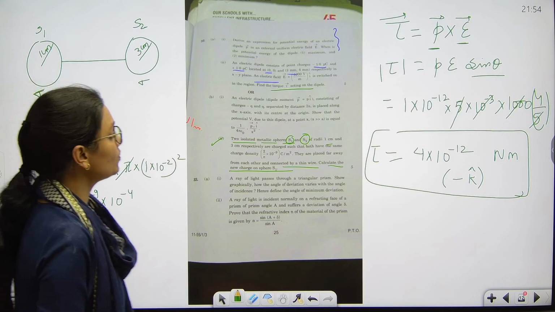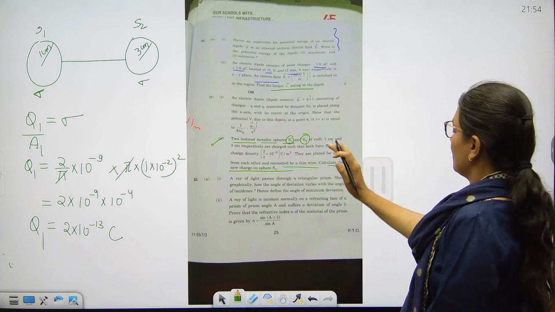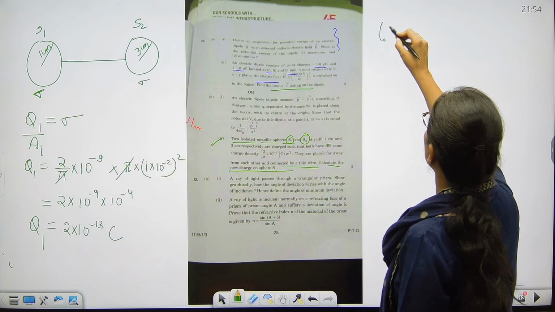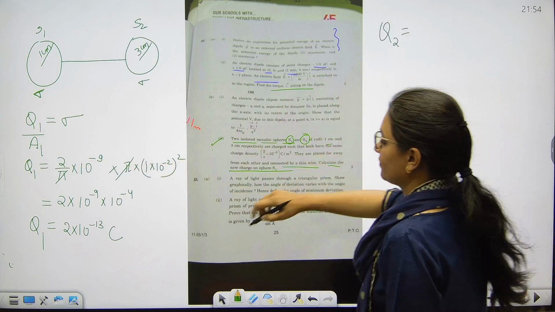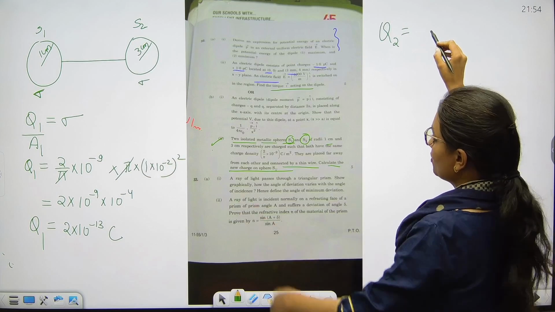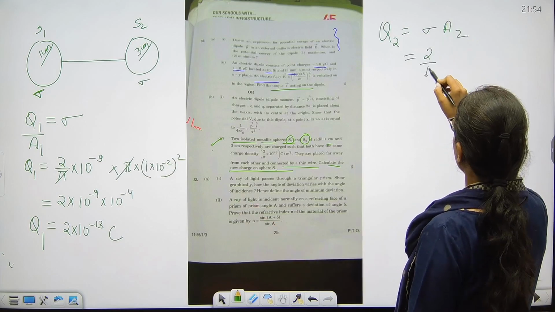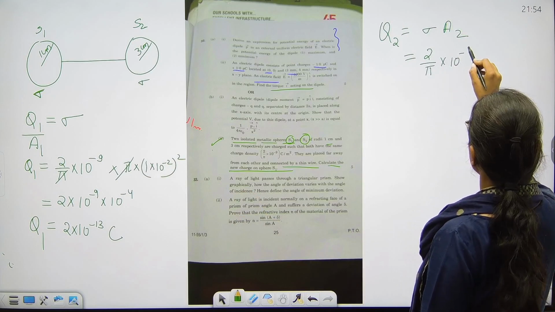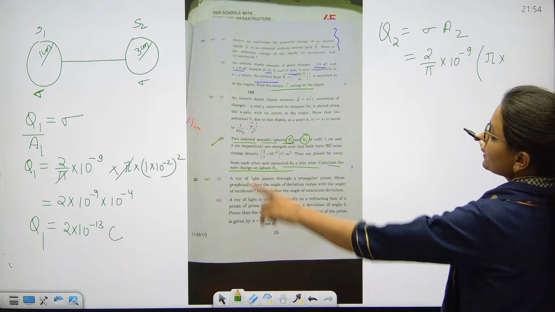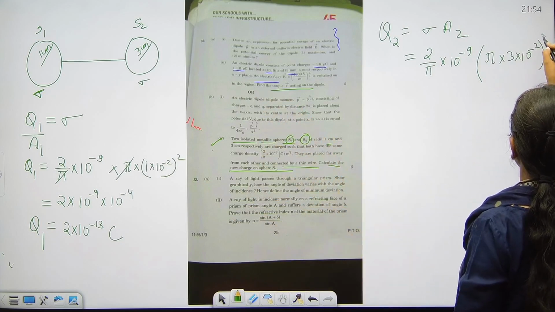Can we find Q2? Chalo, let us find Q2 also. We have to find the initial charges also, na? Q2 value will be sigma into A2. Clear? Sigma is 2 by pi into 10 with the power minus 9. Area will be pi r square. Pi into radius which is 3, 3 into 10 with the power minus 2, whole square.